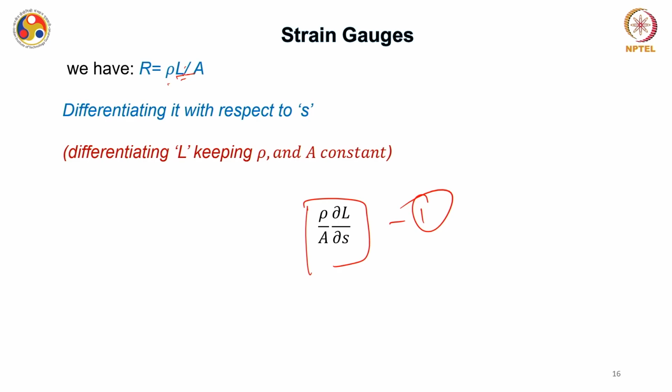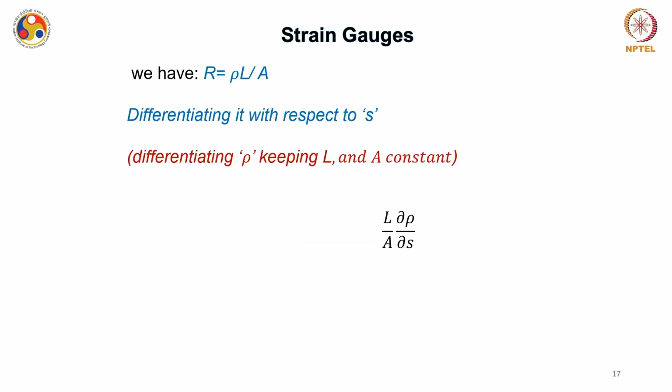When you differentiate L, you will get rho by A into del L by del S. This is the first term. The second term is when you differentiate rho with respect to S, keeping L and A constant; you will get L by A del rho by del S, say this is 2.